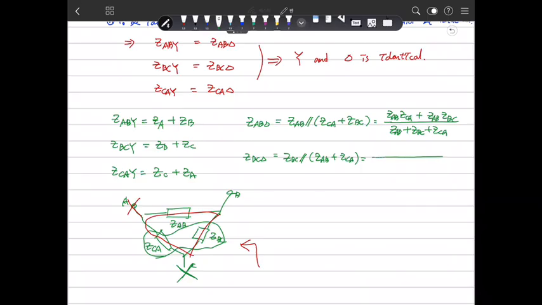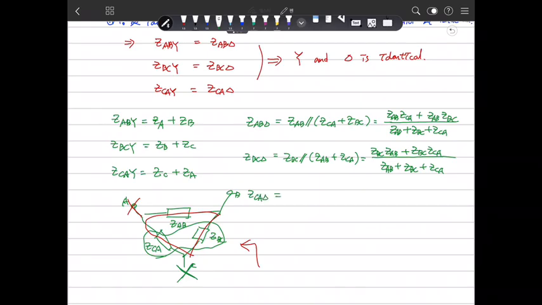That can be written as GBC GAB plus GBC GCA over GAB plus GBC plus GCA.